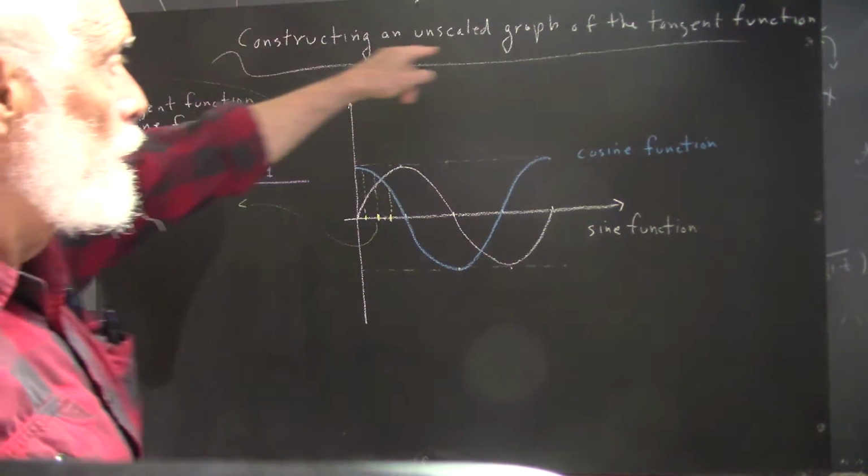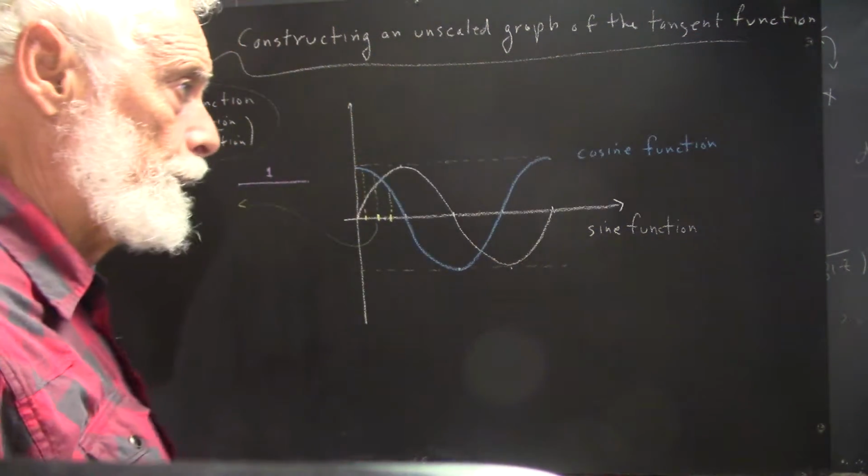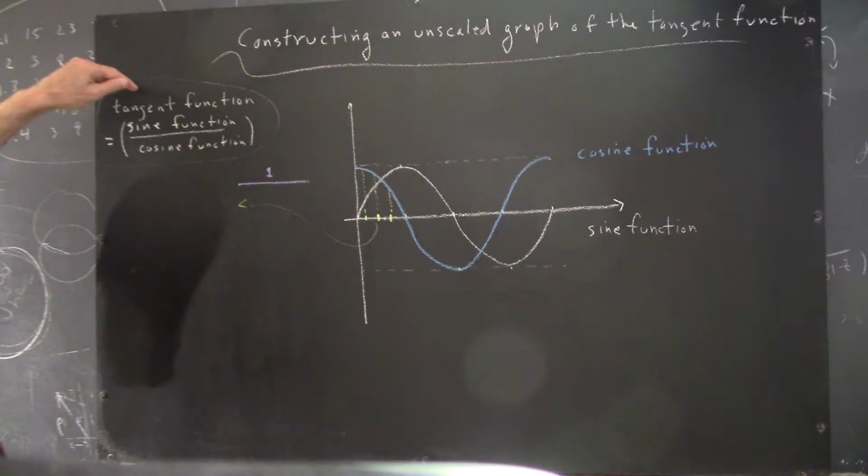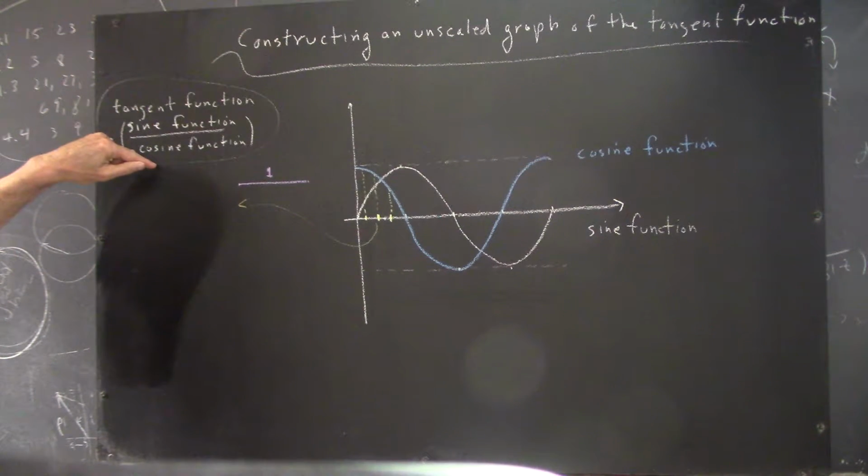Okay, we're going to construct an unscaled graph of a tangent function. And I tell you that the tangent function is the sine function divided by the cosine function.